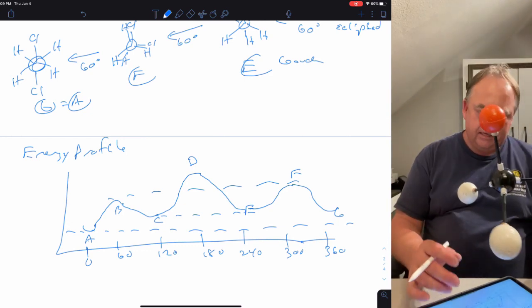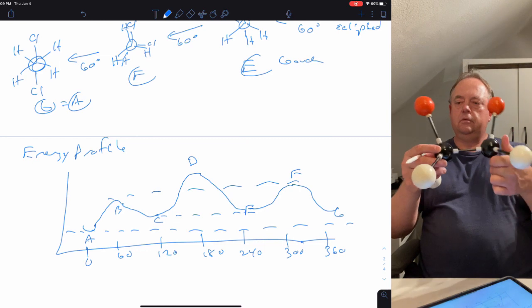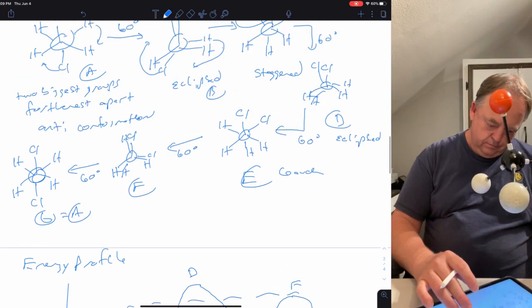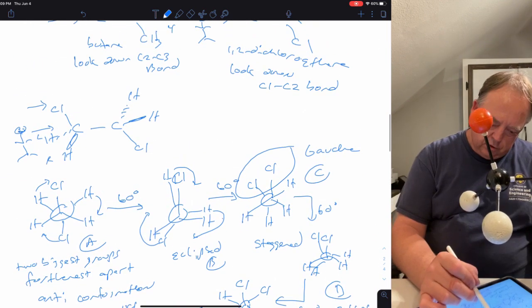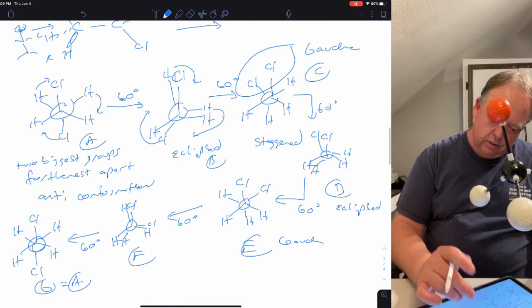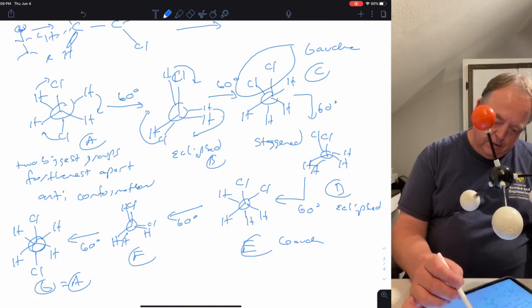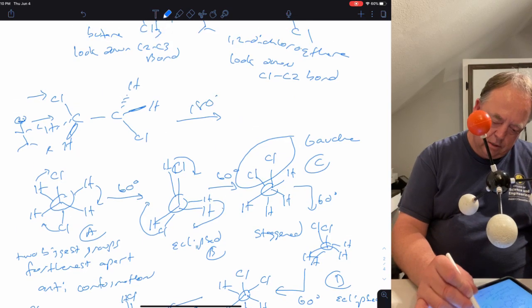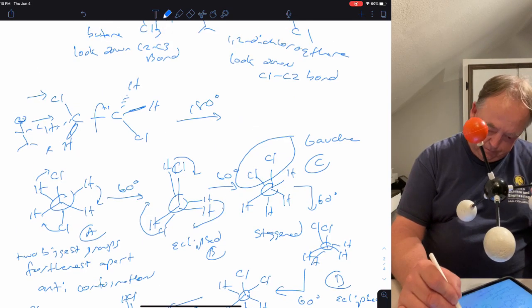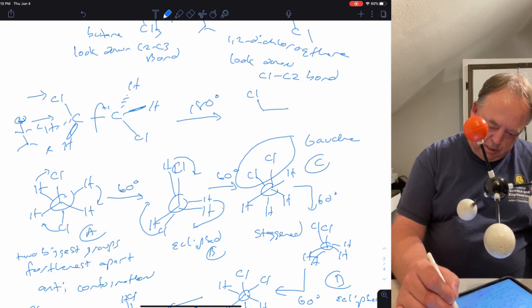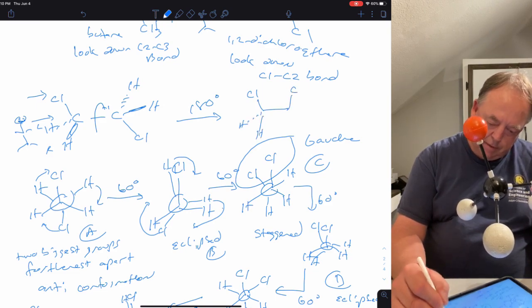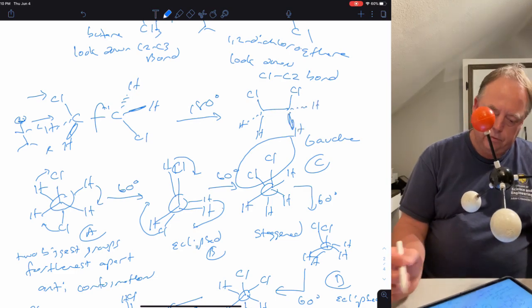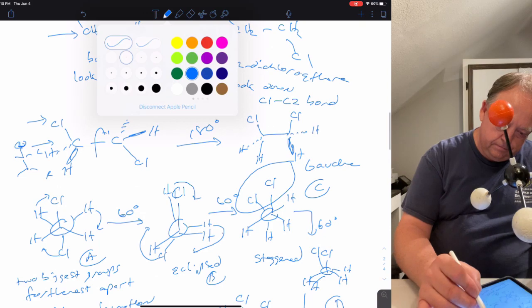So if we wanted to sketch the eclipsed in a dashed wedge structure, so if we took this and we went, how many degrees? 60, 120, 180. So if we rotated 180 degrees around the bond, if we keep the front carbon the same and rotate the back carbon, then it would look like that, right?